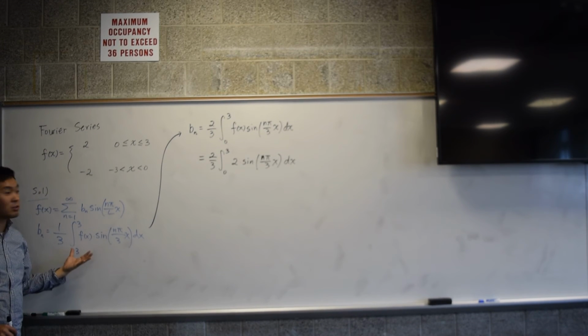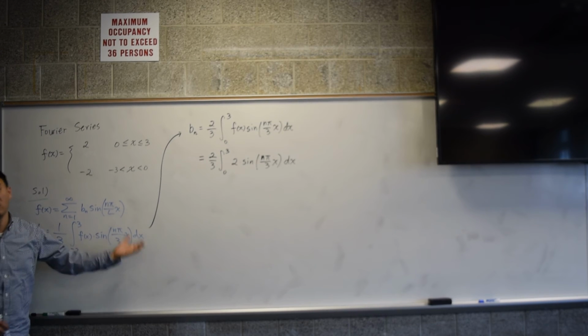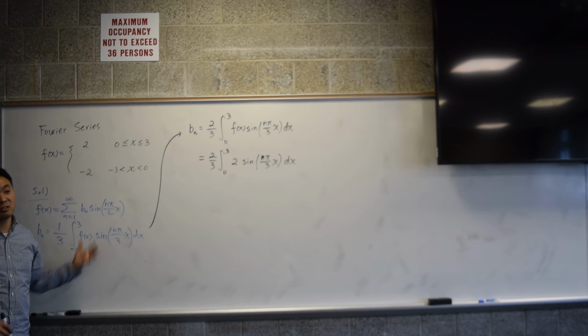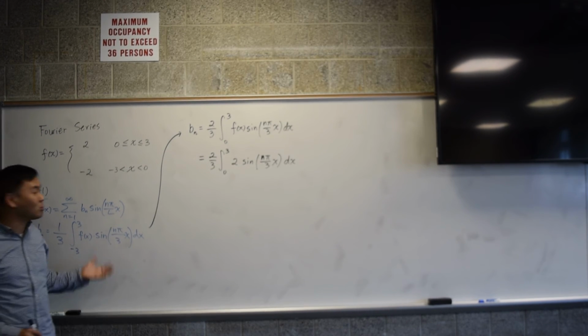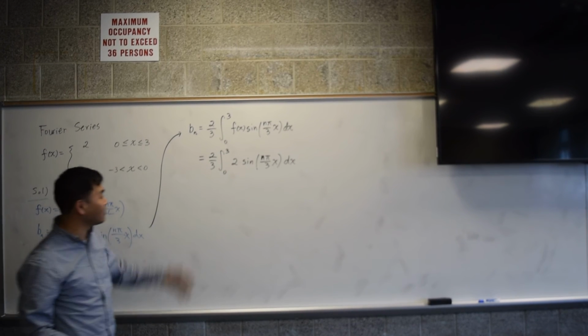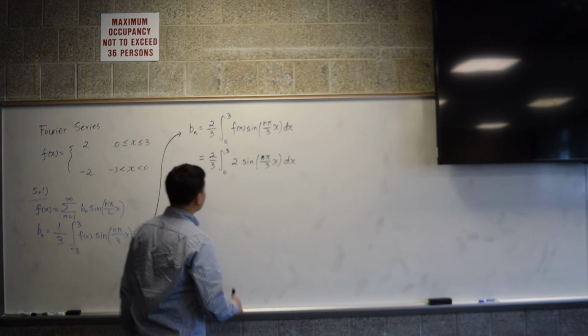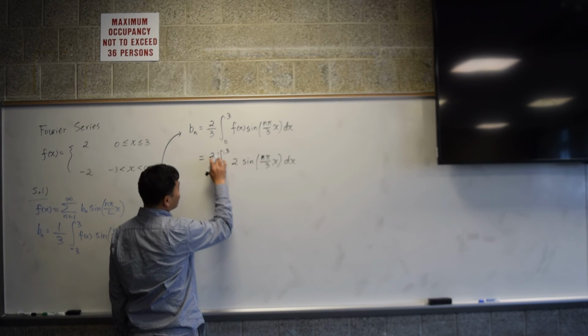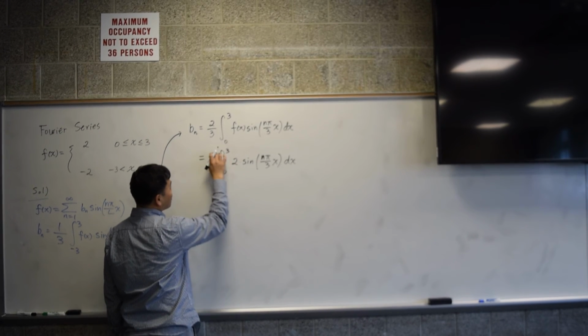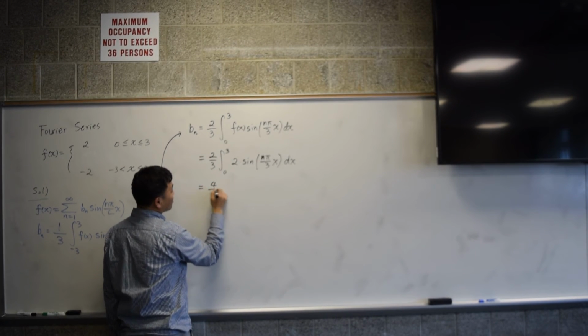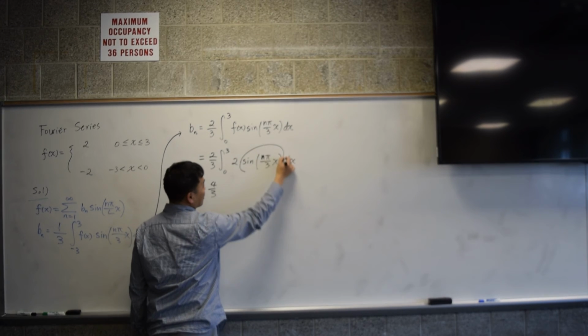So you'd have to compute 2 integrals, and that's much longer. You don't want to do that. This is much better. And 2 is just a constant multiple, so we pull it out. It would be 4/3, and we just have to integrate this one.